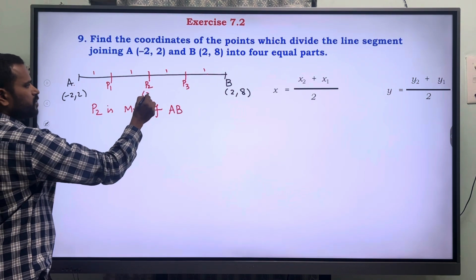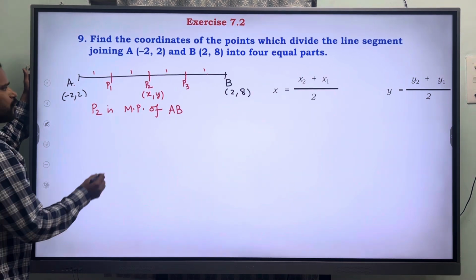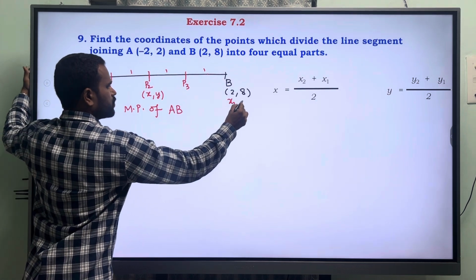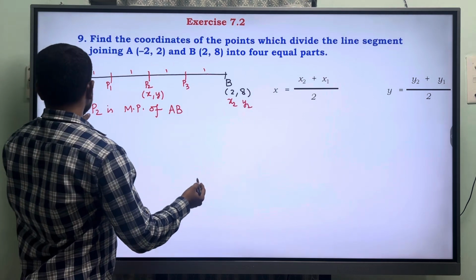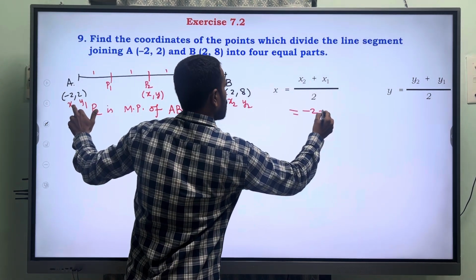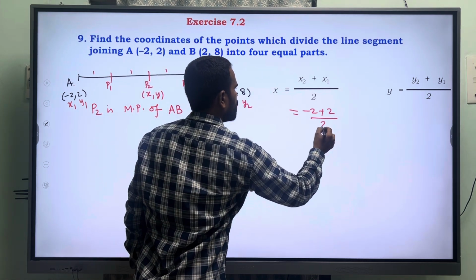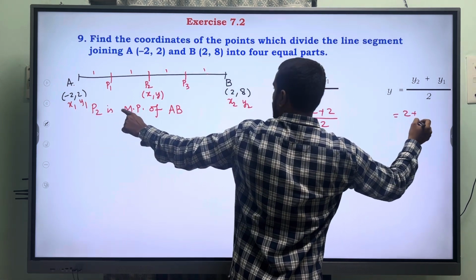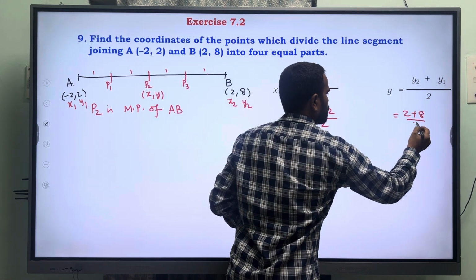So midpoint means what I can do? So this is suppose x comma y. So this is x1 y1, this is x2 y2. So what is the midpoint? X equal to x1 plus x2 by 2, right? So x1 is how much? Minus 2 plus x2 is how much? 2 by 2. y1 how much? 2 plus y2 is how much? 8 by 2.